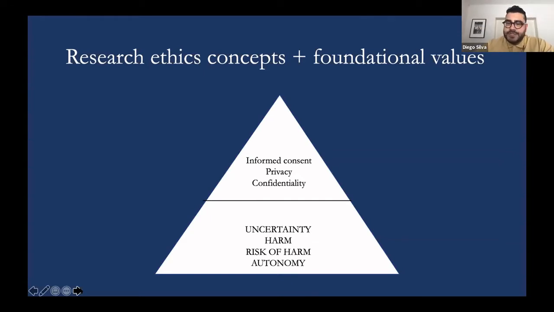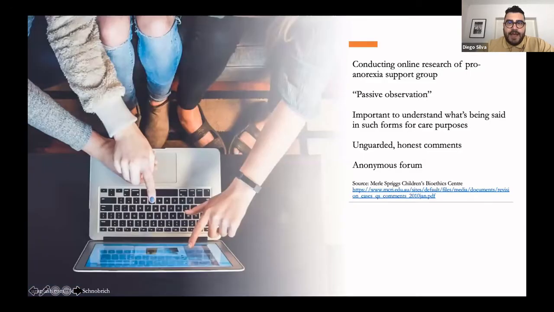Just keeping track of time, I'll quickly say, in a case like this, we can think about informed consent. There isn't informed consent because it's a public forum. You're just doing passive observation. But that has to do with this idea of autonomy, right? Is there potential for harm? Is there risk of harm, right? Can people become identified?